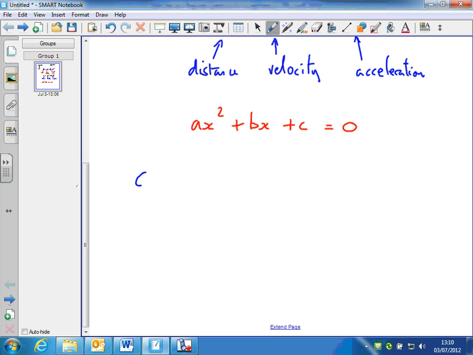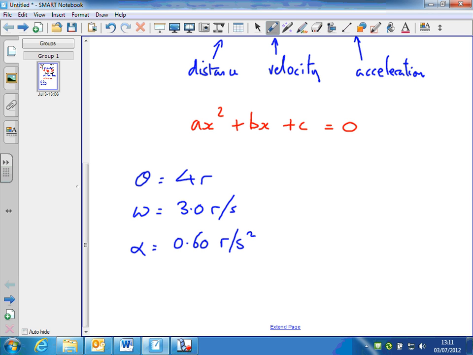So we're given that theta equals 4 radians. Omega is 3 radians per second. And alpha is 0.6 radians per second squared.